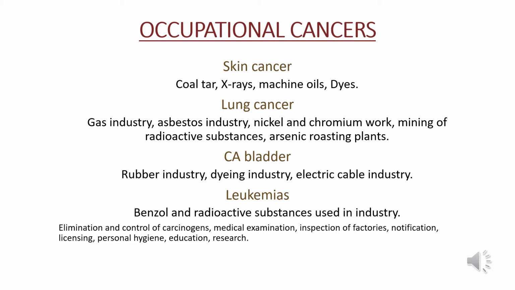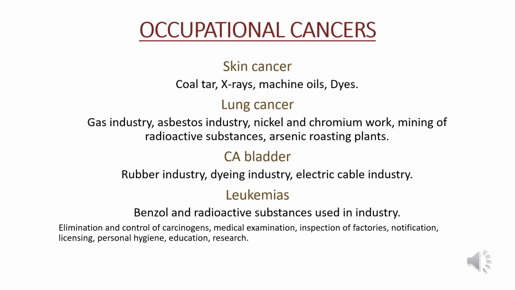So occupational cancers generally involve skin cancer, lung cancer, CA bladder, and certain leukemias. Skin cancer is seen in workers who work with coal tar, or who are exposed to X-rays, machine oils or dyes.